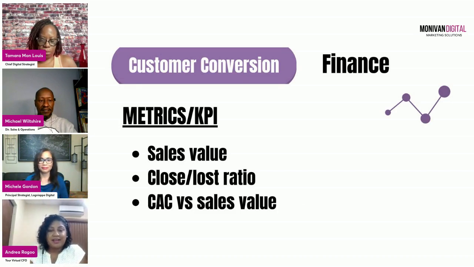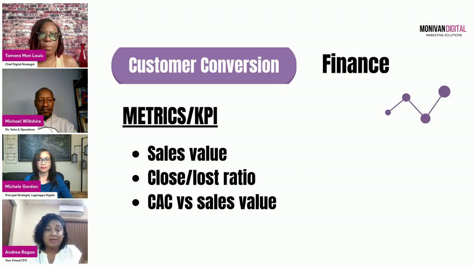However, while you understand how much you've made, which is the revenue, you also want to understand how much you've lost. So similar to what Michelle was talking about, the abandonment, you want to understand your close-loss ratio, right? How much did you close versus how much did you lose? You want to make sure that ratio is in proportion, because it's a reality.